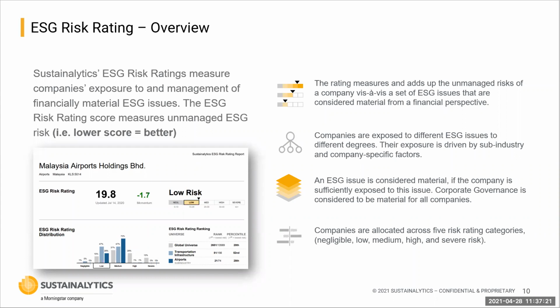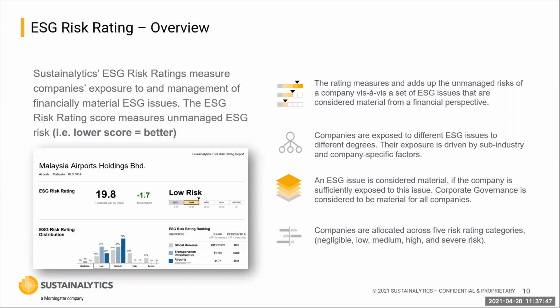Just to give you an example of what this means in practice, if we think about, let's say, a mining company, to focus on another high-risk industry, one of the issues that a mining company is exposed to is community relations. Within community relations, there will be E indicators and S indicators.